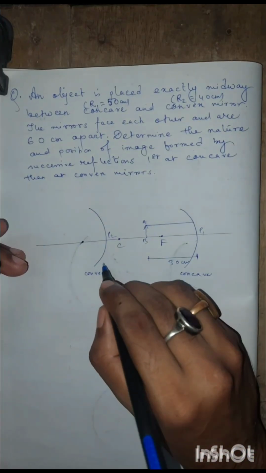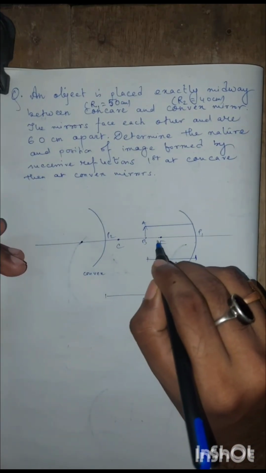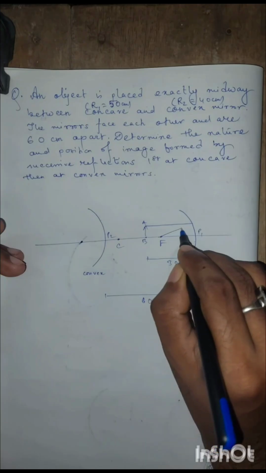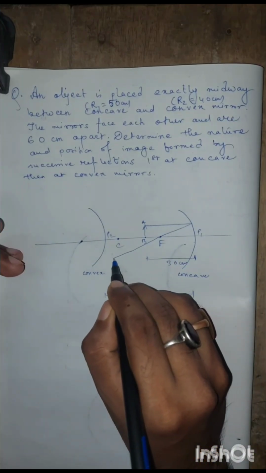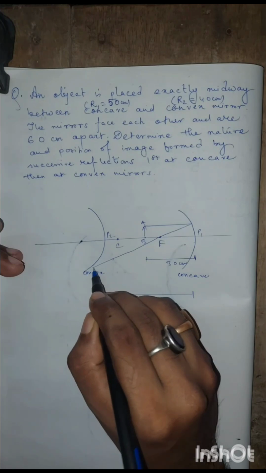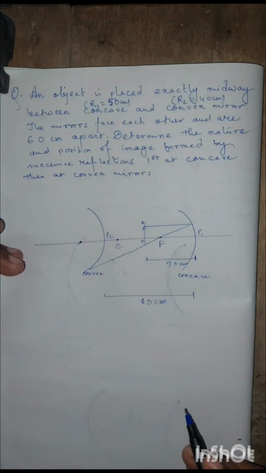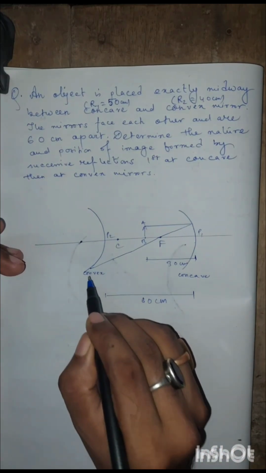So after getting reflected, it passes through the focus and strikes the convex mirror.